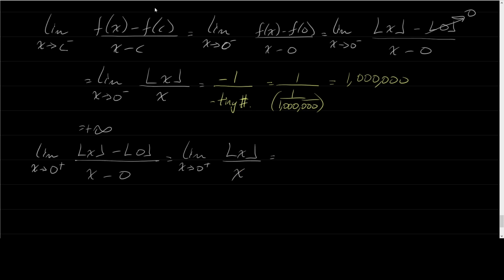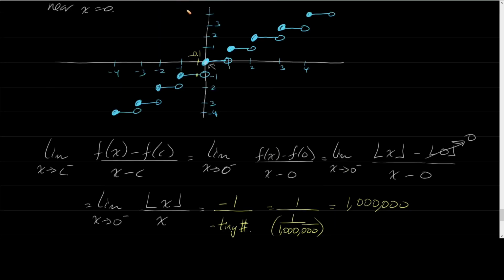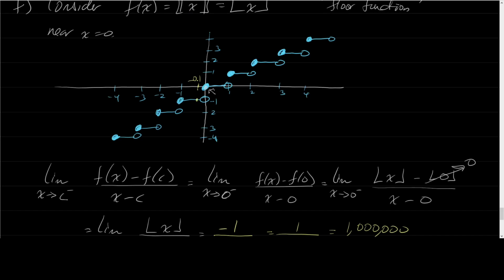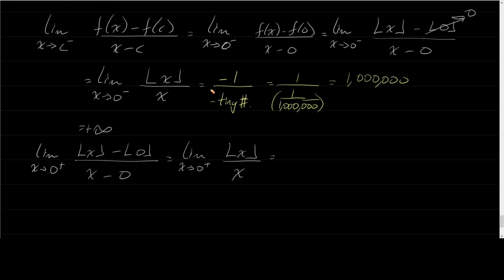If we're coming from the right, we're on this side over here, something like 0.1 or even smaller. Everything between 0 and 1, including 0 but not including 1, is at the height of 0. So what that gives me is 0 over a tiny positive number.